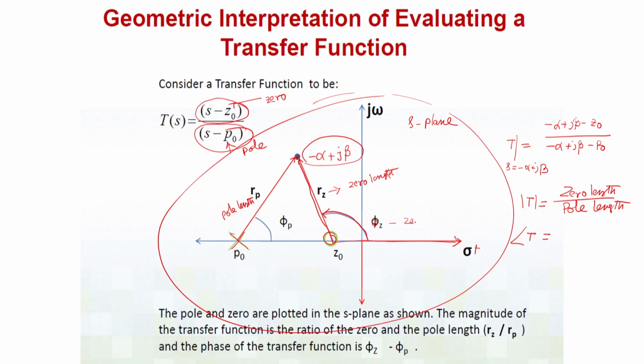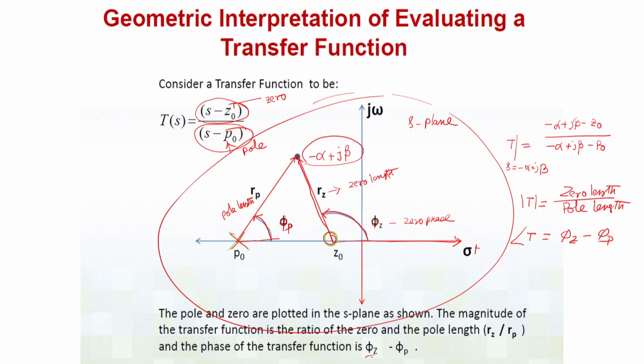I will call it the 0 phase. And same thing I have to do for the pole, and the corresponding angle is phi p. I will call it the pole phase. So, phi z is on the numerator, so it is phi z minus phi p, that will be the phase of the system.